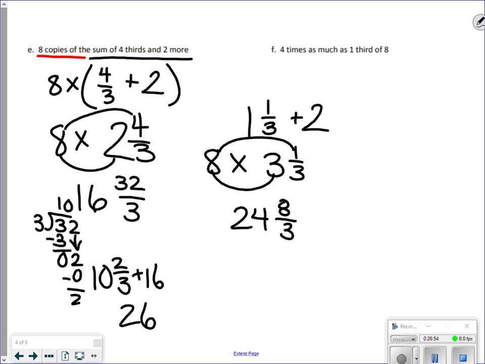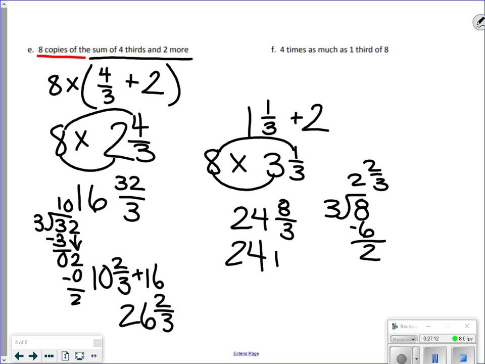So that's 26 2/3. 24 8/3. 3 goes into 8 twice. 2 2/3. 24 plus 2 2/3. Still 26 2/3. It's the same thing.